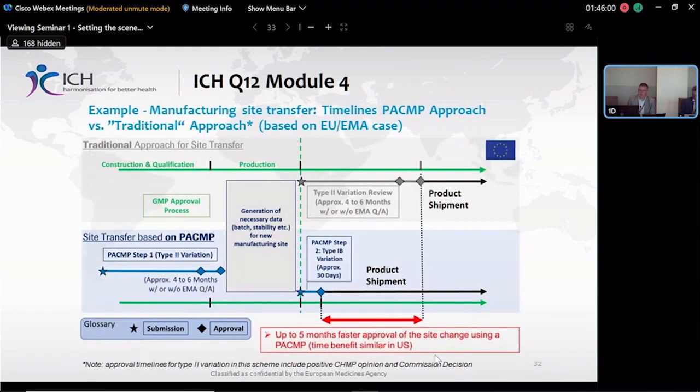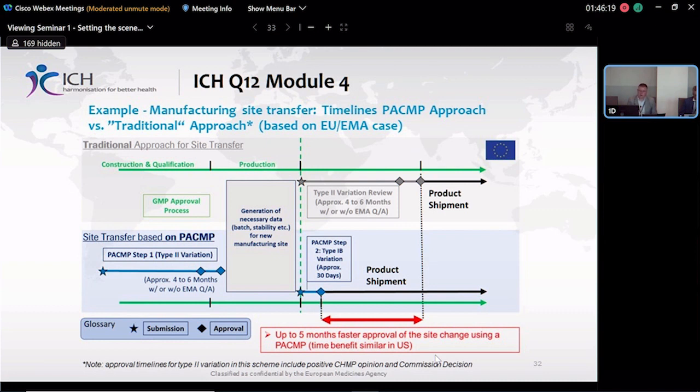So this is an example of the benefits of a change management protocol. If we look across the top in the grey box, this is the traditional approach for the site transfer. So you have the construction and qualification of the new manufacturing site.